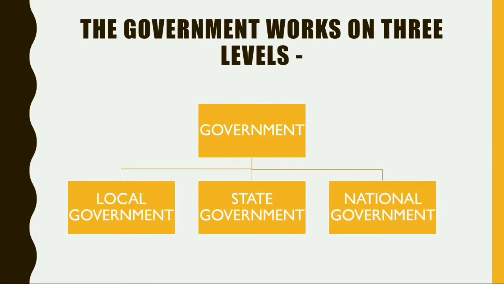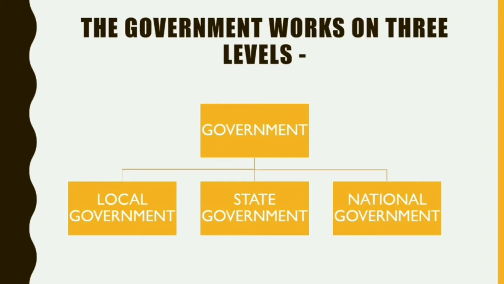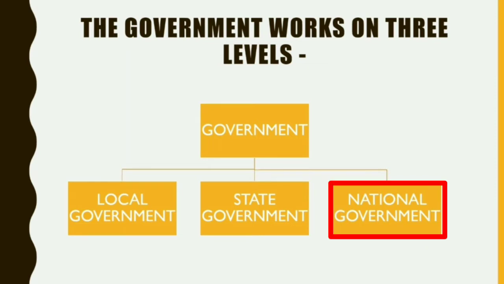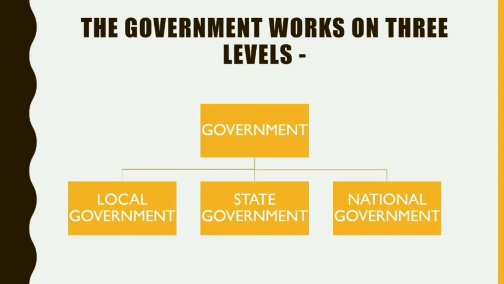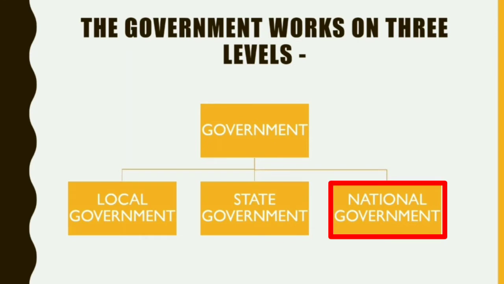Now moving on to the next part, the levels of the government. The government in our country functions at 3 levels: the central or the union government or the national government, the state government, and the local government. The central government administers the entire country.